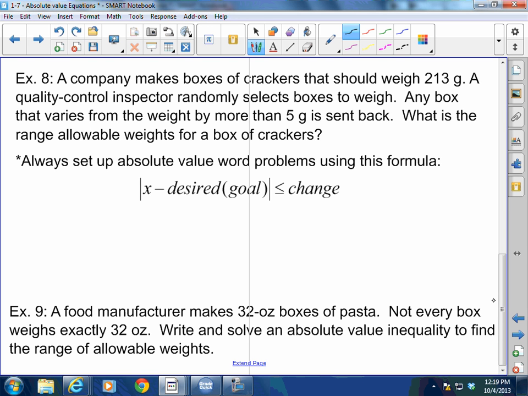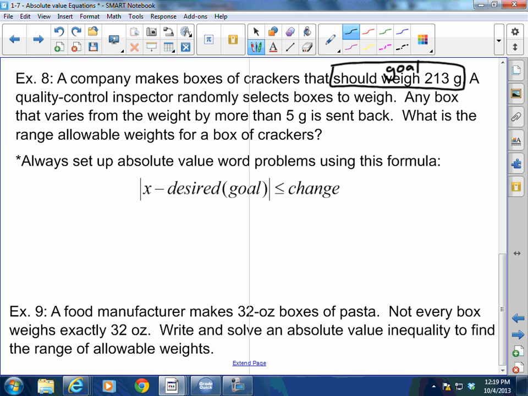Let's talk about what kind of word problem we can work with. A company makes boxes of crackers that should weigh 213. So when something should weigh or should be, isn't that the goal? A quality control inspector randomly selects boxes to weigh.